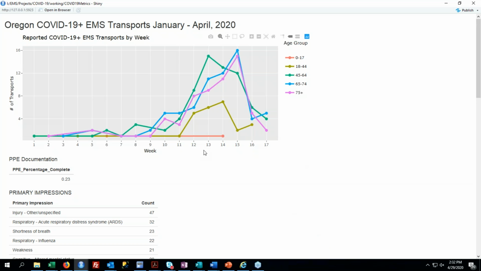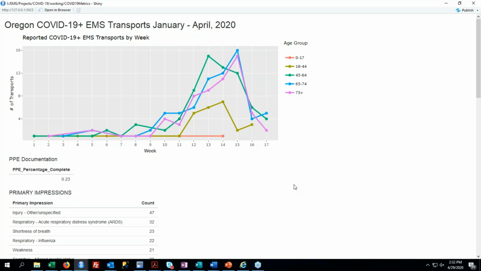So these are confirmed cases, and I broke these out by age. You can see there's a pronounced difference between the younger age group, and as we get into higher age groups, ultimately it's older people who are transported more frequently.